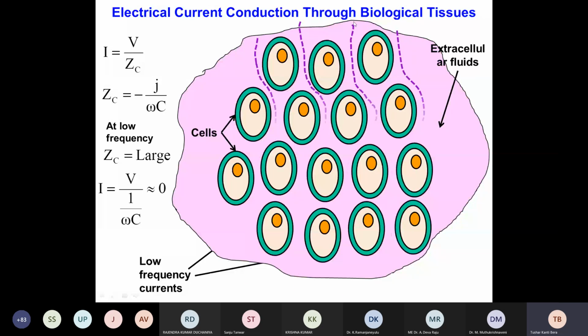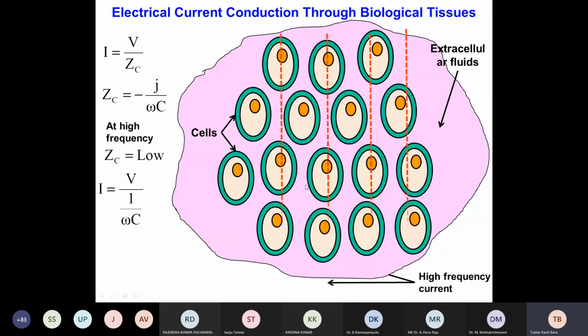Now if we are injecting current at a very low frequency, then omega will be small, and as the denominator is small, the capacitive reactance, that is the impedance provided by the capacitance, will be high, and that high impedance of the cell membrane will not allow current to pass through it. As current prefers conduction through a low resistive medium, it will pass through the extracellular fluid and bypass the cell.